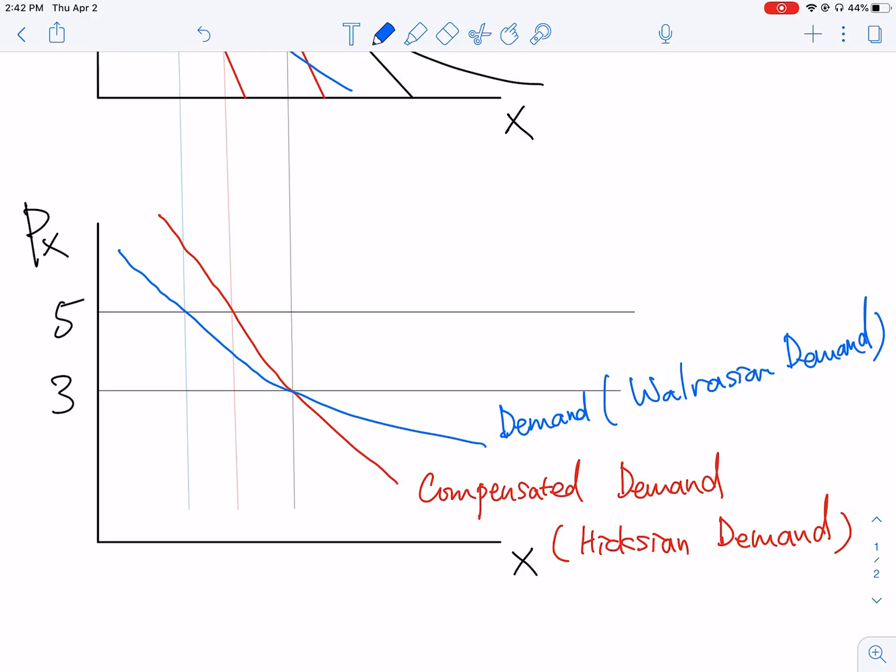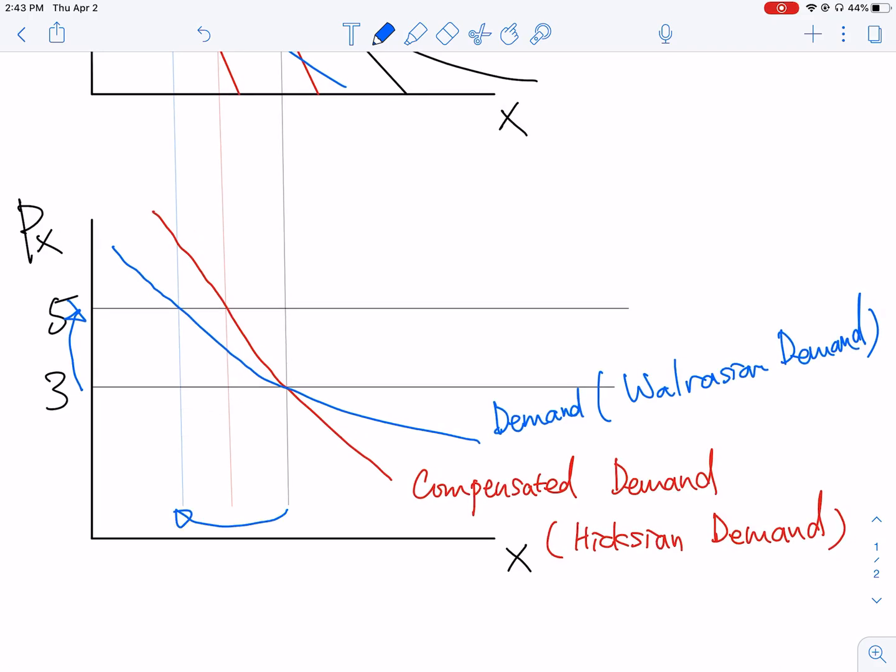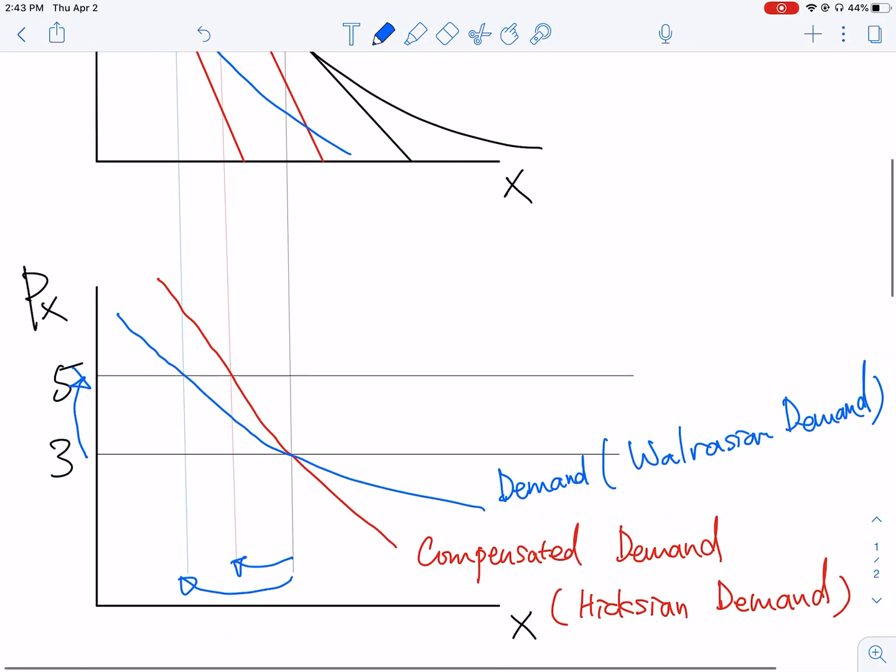That means for the same change of the price, the demand reacts more than the compensated demand curve, because the quantity change is larger than the quantity change in the compensated demand curve. And this is not a coincidence, because the demand includes the income effect and the substitution effect.